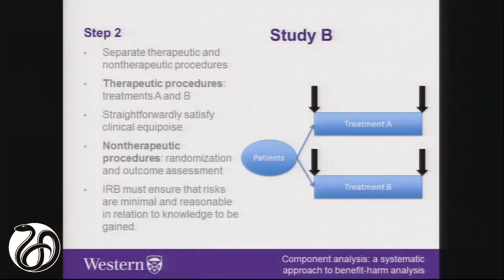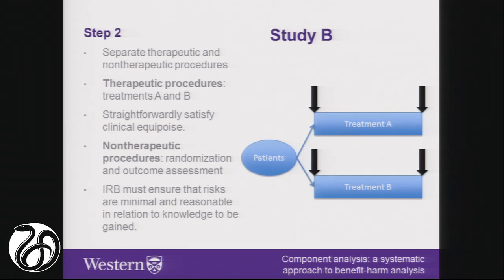I see I'm a little bit over time here. Let me just conclude with a couple of thoughts. The first is that even if we hold the second view to be correct, the harm-benefit analysis undertaken by the IRB in this case is actually incredibly straightforward. The therapeutic procedures here, according to this second view, include treatments A and B, and it seems to me these straightforwardly satisfy clinical equipoise in almost any case.